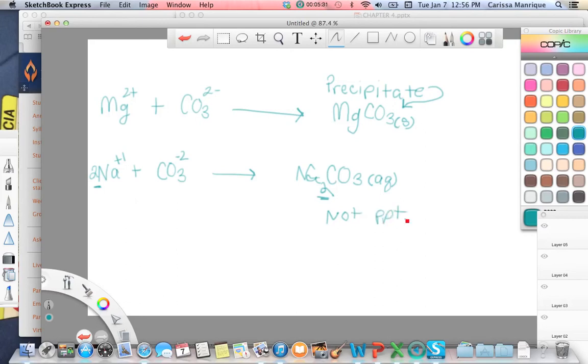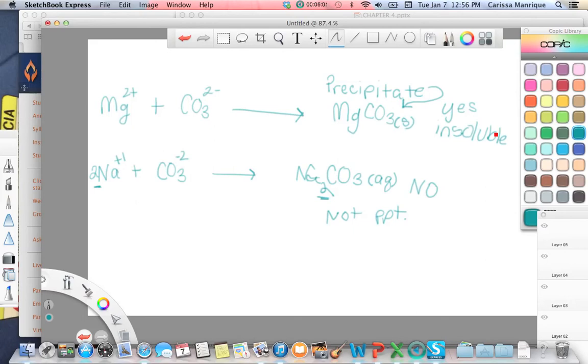So you basically say no reaction, okay, because it will not form a precipitate, because that's what we're looking for. Will it form a precipitate or not? This one is no, okay, because it says it dissolves. This one is yes, because it's insoluble. So you're trying to see if your product forms something insoluble, according to the solubility rules. If so, it's a precipitation reaction.